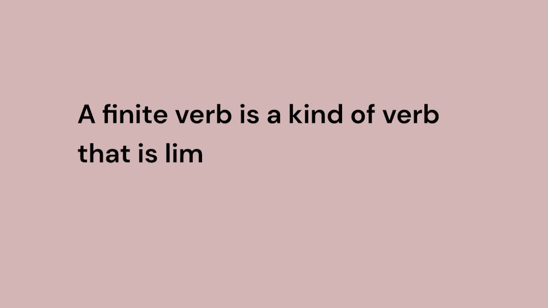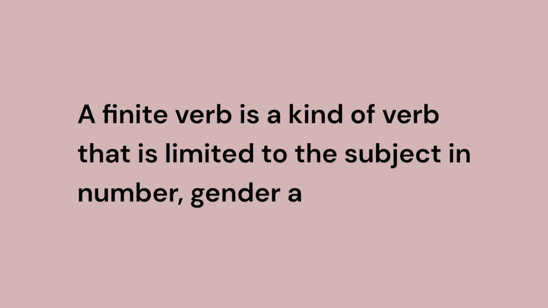Now let's look at the parameters through which all this definition is taken. We said a sentence is a word or a group of words that has a finite verb. What is a finite verb? A finite verb is a kind of verb that is limited to the subject in number, gender, and in tense.